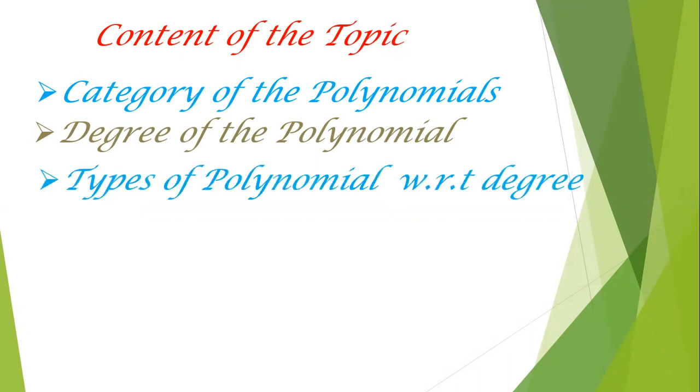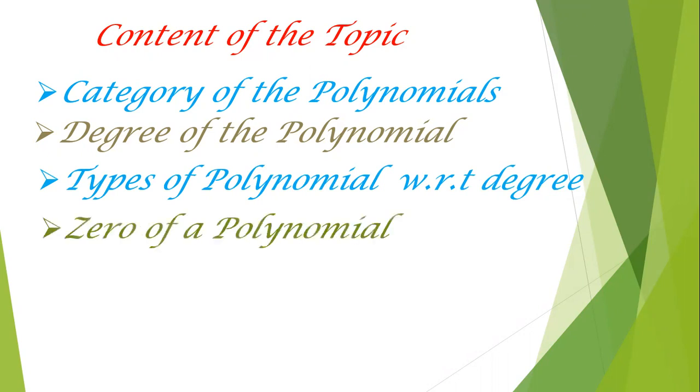So, types of polynomial with respect to its degree. The polynomials are categorized according to their terms as well as according to their degree. Before learning about the categorization, we have to know about the degree of the polynomial. So one by one we are going to learn.